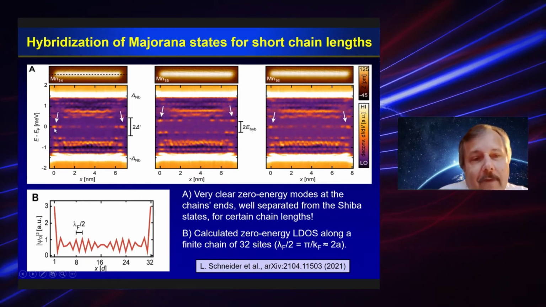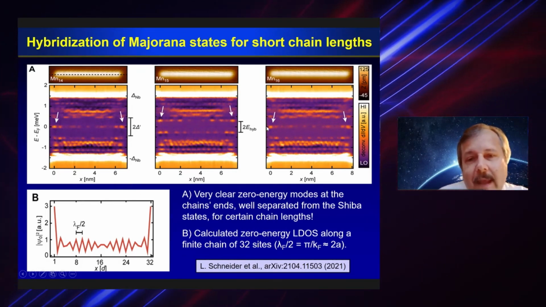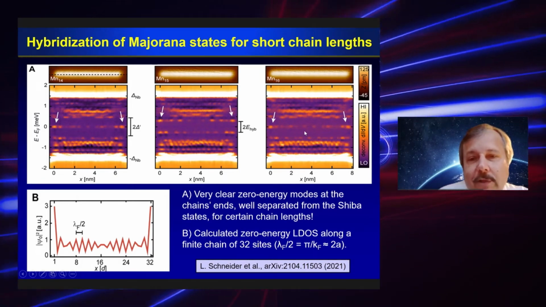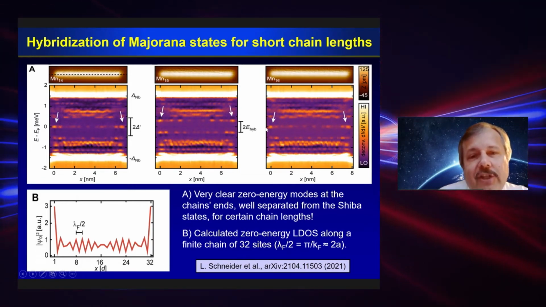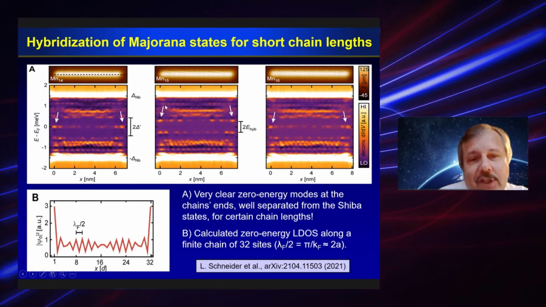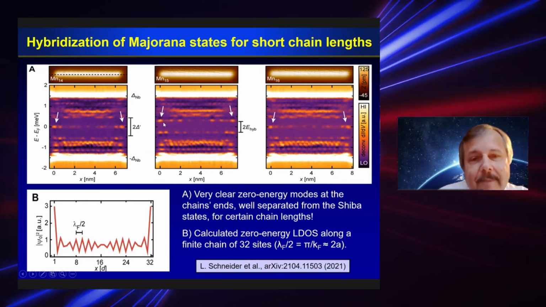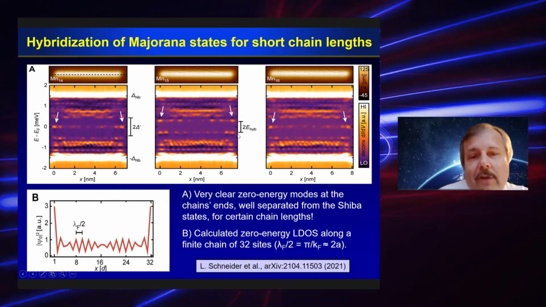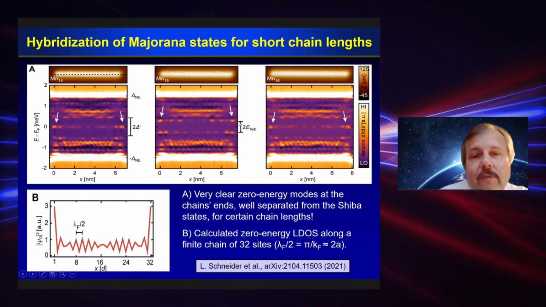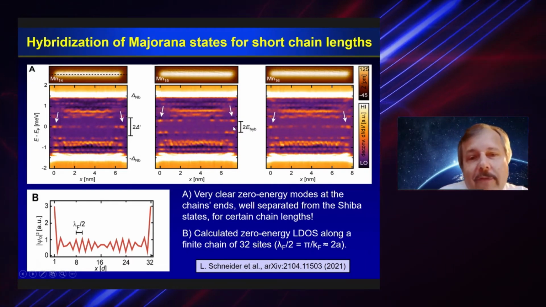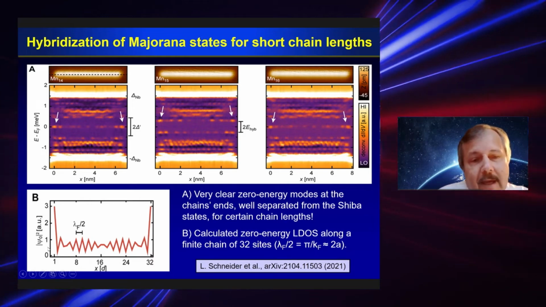For a 14 and 16 atom chain, we have the beautiful zero energy mode, really sitting at zero energy. But for the manganese 15 chain, this state actually splits. And the amount of the splitting is due to the hybridization of the Majorana state wave function from both ends.